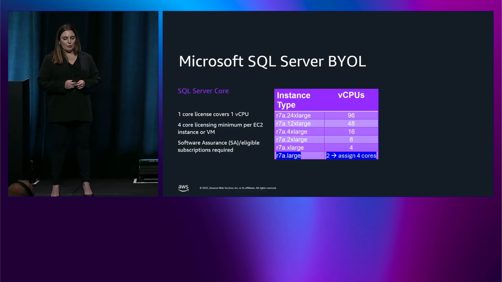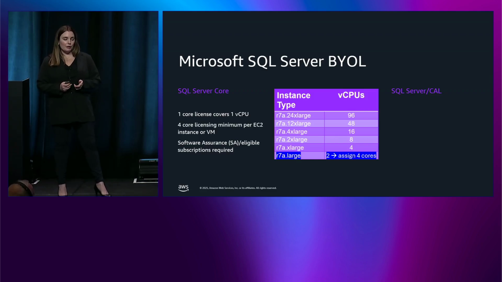Again, software assurance is required. And if we look here at this chart of the R7A instance family, you'll see the R7A large does have 2 vCPUs, but again, you would assign 4 cores just because of that 4-core licensing minimum. If you were to deploy on the R7A 24X large instance, you'd bring 96 cores of SQL.